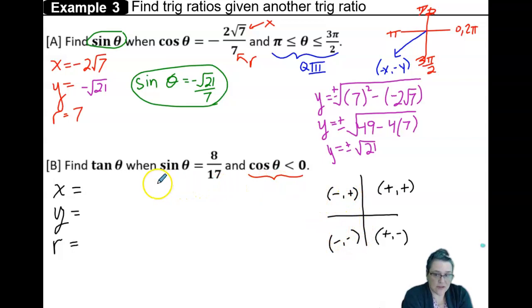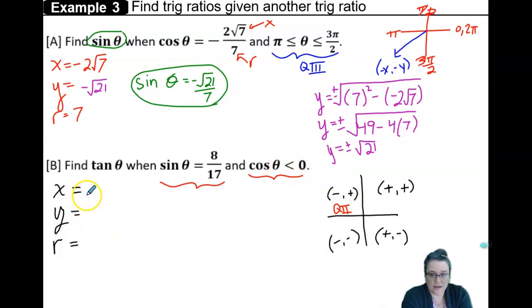But because we see here that the sine is positive and the cosine is negative, that means we have to be in quadrant 2, because sine is y over r, which to have a positive sign means that the y value had to be positive. So the only quadrant where the y is positive and the x is negative is quadrant 2.